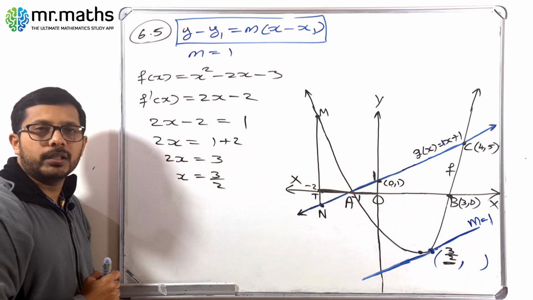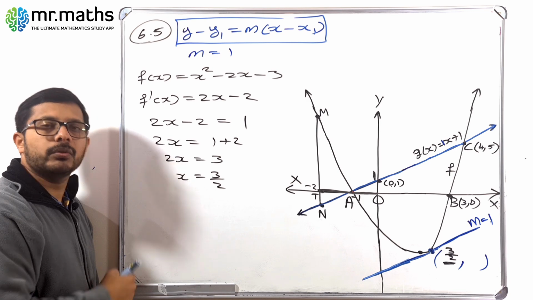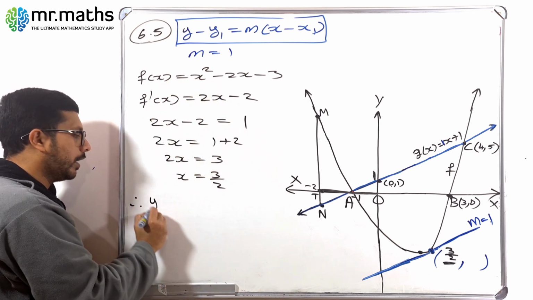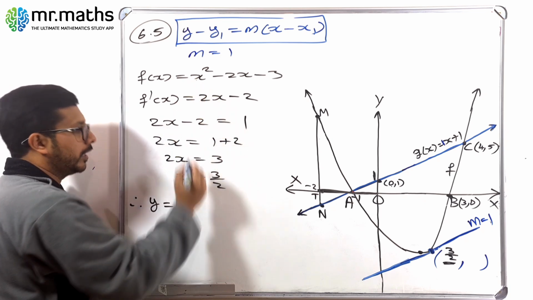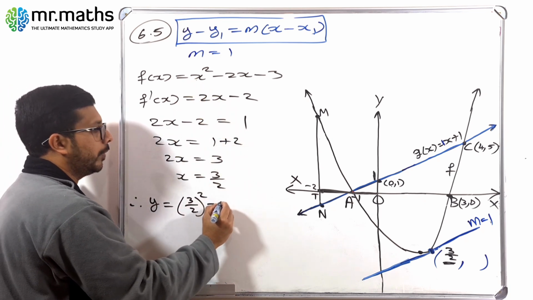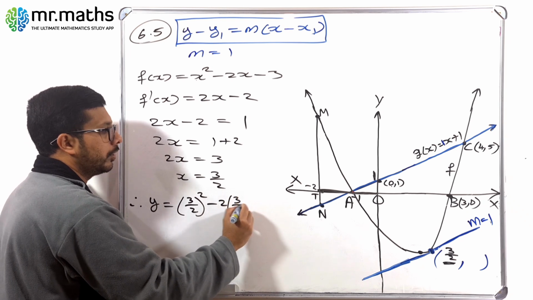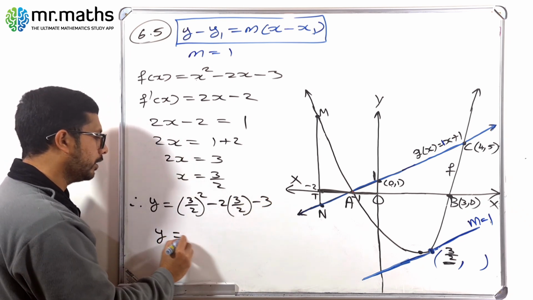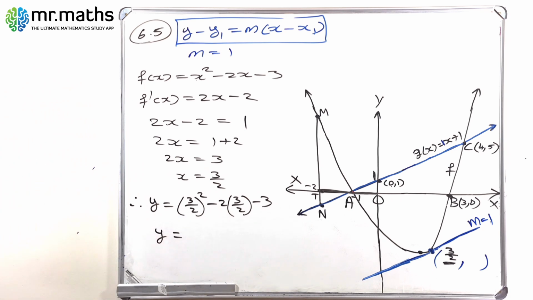Now how can you find the y value? You substitute in that equation f of x. Therefore y is equal to, substituting here, (3 over 2) squared minus 2 times 3 over 2 minus 3. Check in your calculator what the answer is for that.